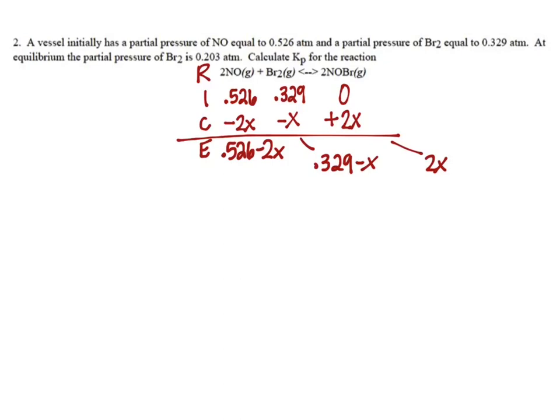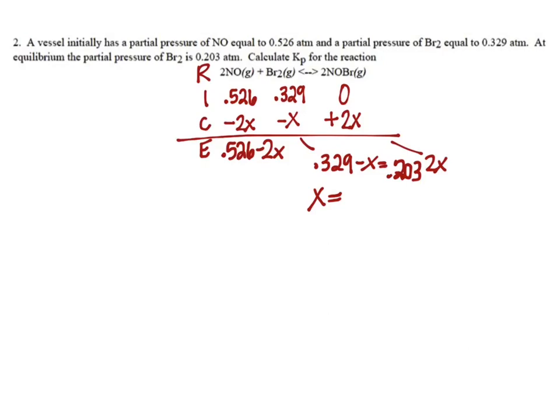At equilibrium, the partial pressure of Br2 is 0.203. So we know that 0.329 minus x is equal to 0.203. So we need to solve for x there. 0.126.